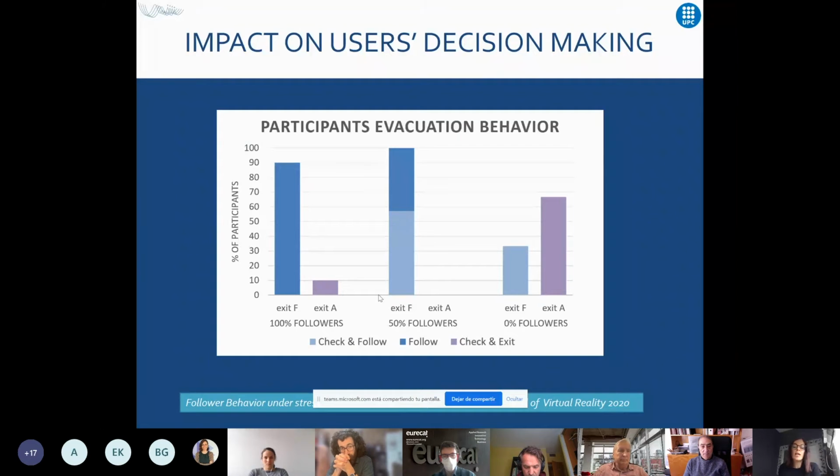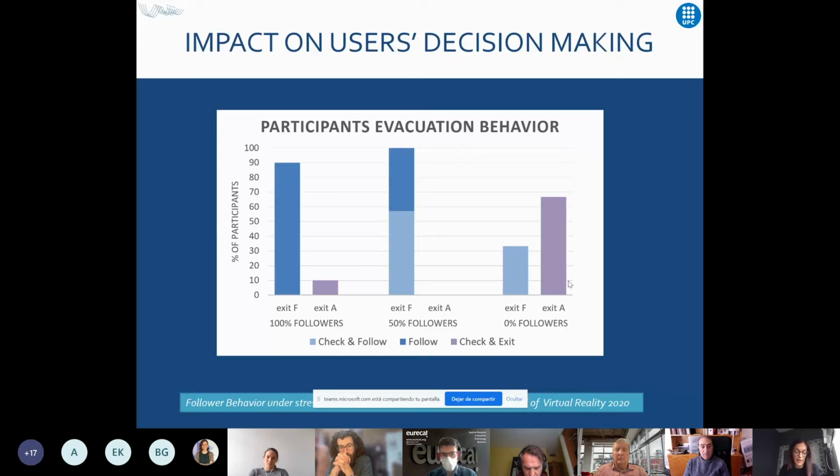And on the right-hand side, where avatars continue with their whereabouts, we notice that all participants first check the entrance doors, and then about 65% of them found the most obvious exit, and a smaller percentage found the hidden exit.